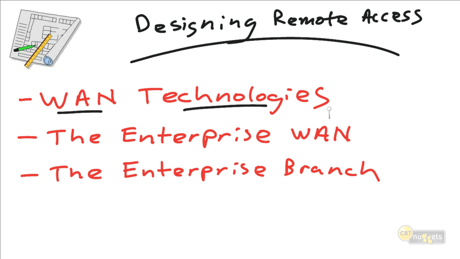We said it might be a bit easy to be overwhelmed by the sheer number of technologies there are to choose from today. We then really focused on the enterprise wide area network design and the sub-modules that would go into it. And we wrapped up by talking about the fact that there are going to be branch offices that we need to design WAN solutions for.